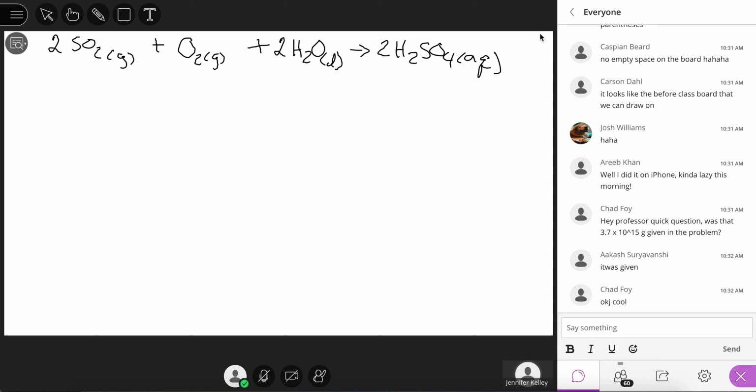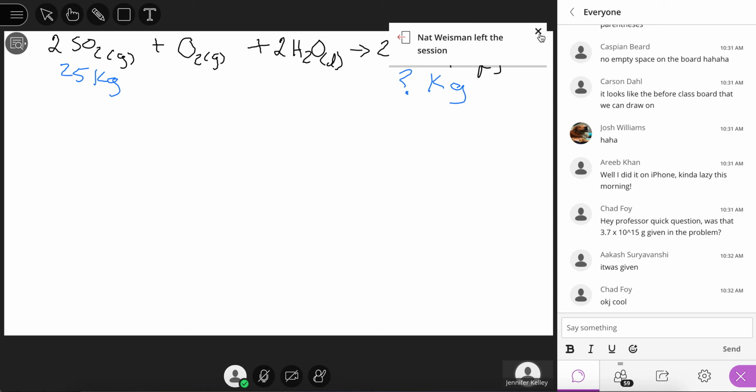All right, so that would be sulfuric acid. And in the problem, it gives us that we have 25 kilograms of SO2. We'll put that in blue. And then it wants to know how many kilograms of sulfuric acid.